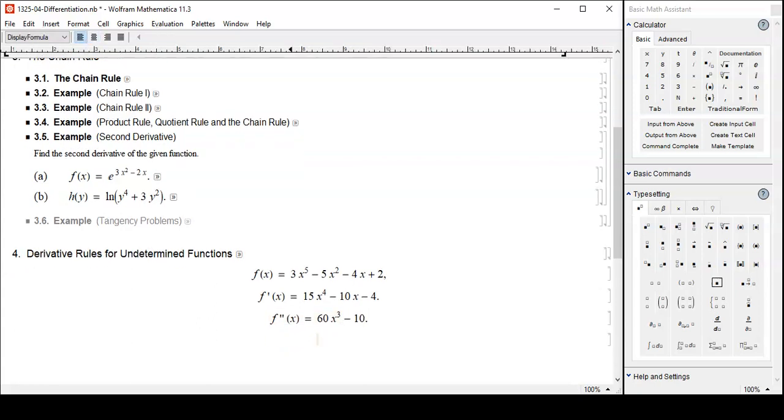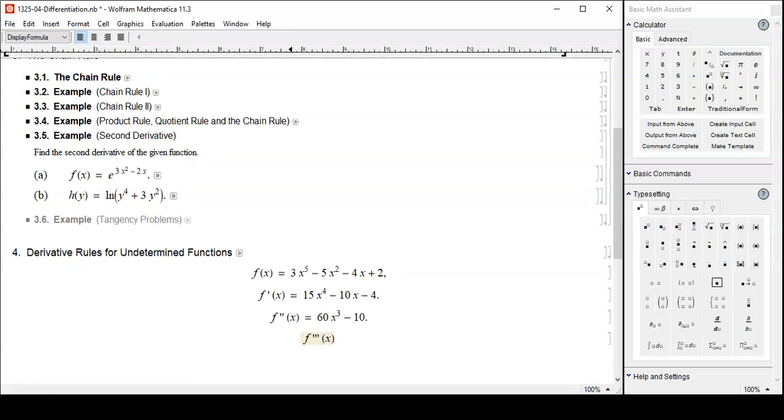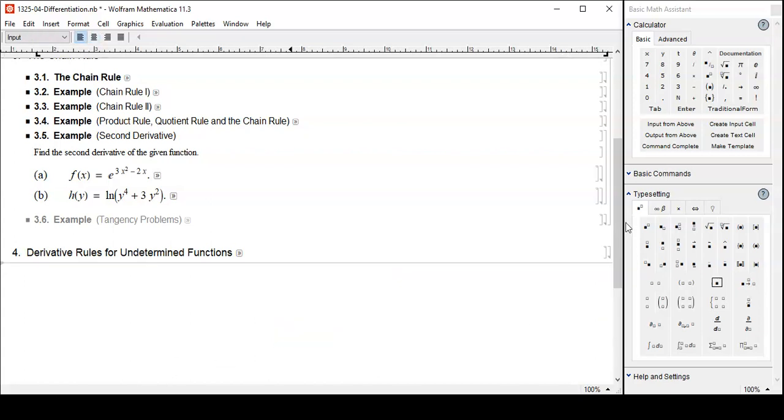And then if you take the third derivative, that's 180x squared, and so on. This kind of computation is not too bad, but that's because we use only the power rule.